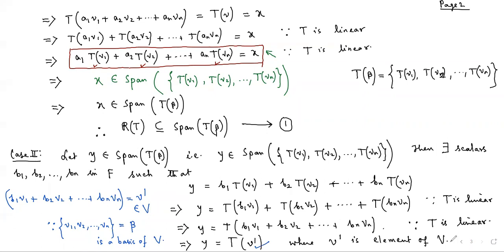Now I'm going to the next page. So we got y equals T V prime, and we know that V1, V2, Vn is the basis of this vector space. So next we can write the following.